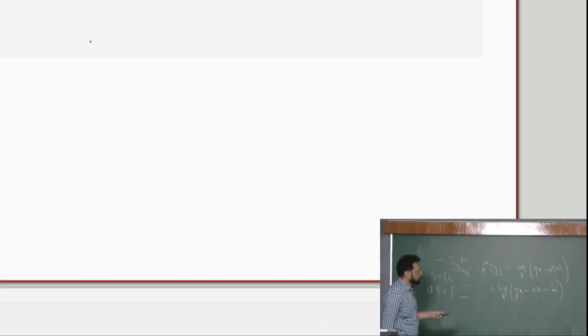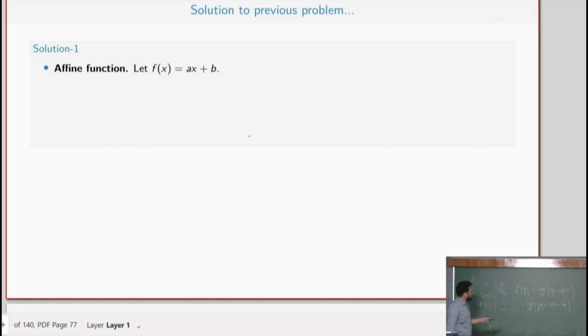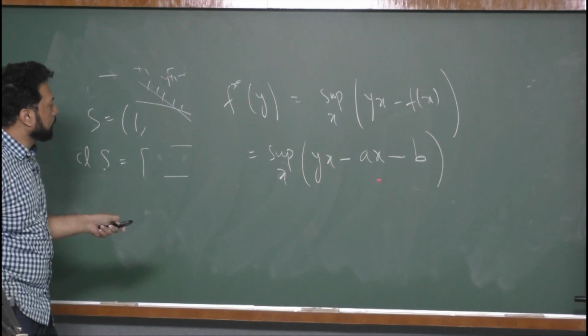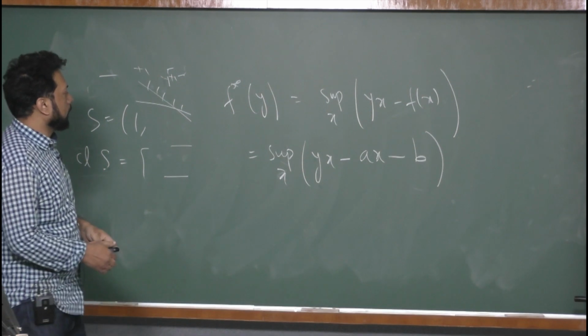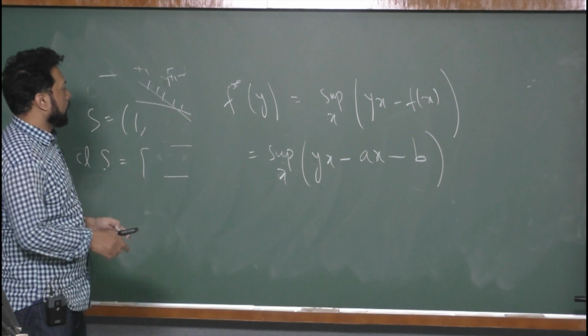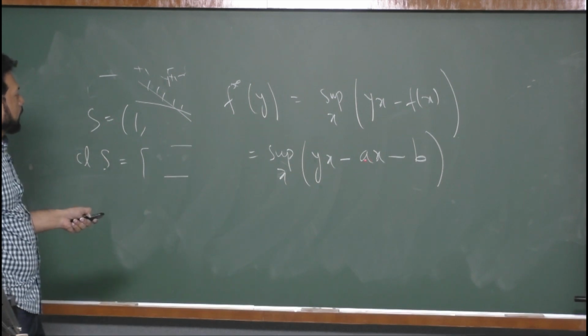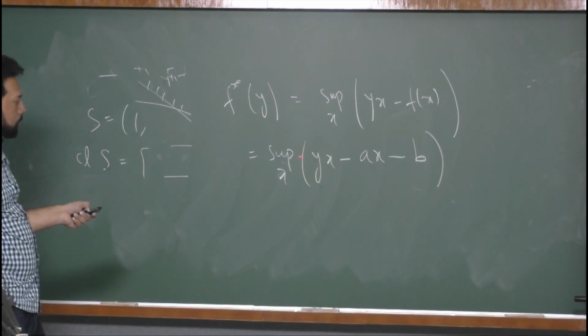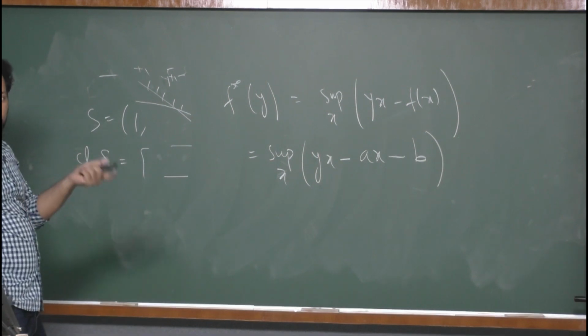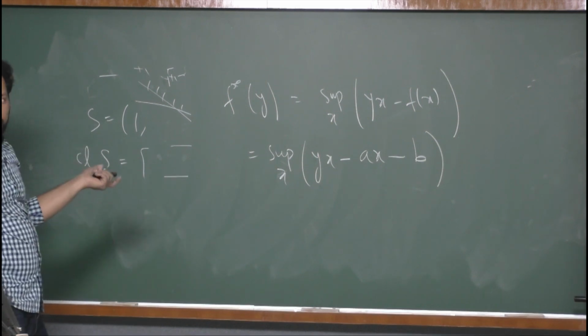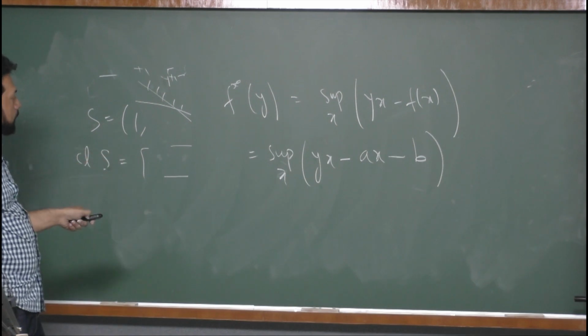As x goes to infinity, the whole expression will also go, but it will depend on a and the y that I choose. It may also go to minus infinity, which we don't want anyway. We are always looking at the plus values.